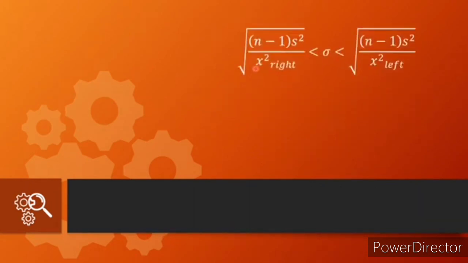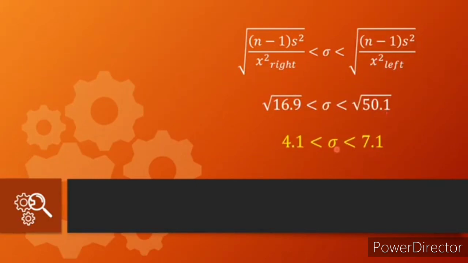And this is the formula in getting the standard deviation. We will just put a square root on the variance. Therefore, taking the square root of 16.9 and the square root of 50.1, the standard deviation is greater than 4.1 but less than 7.1.